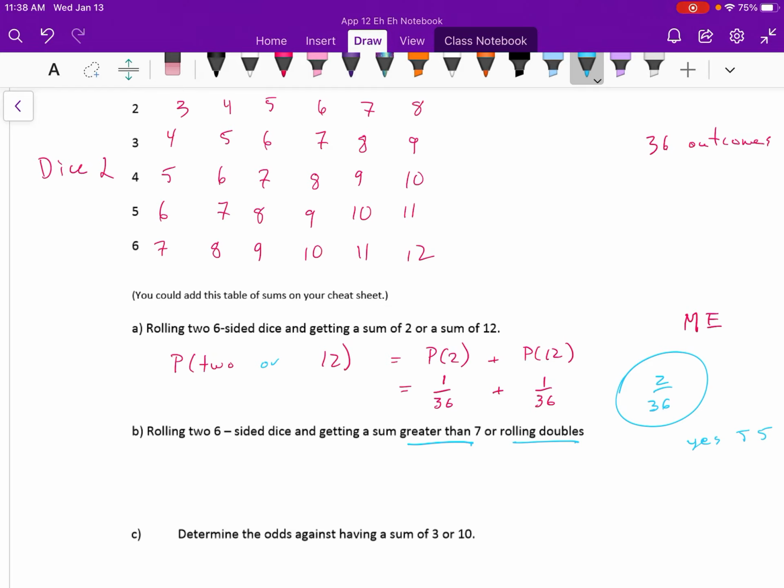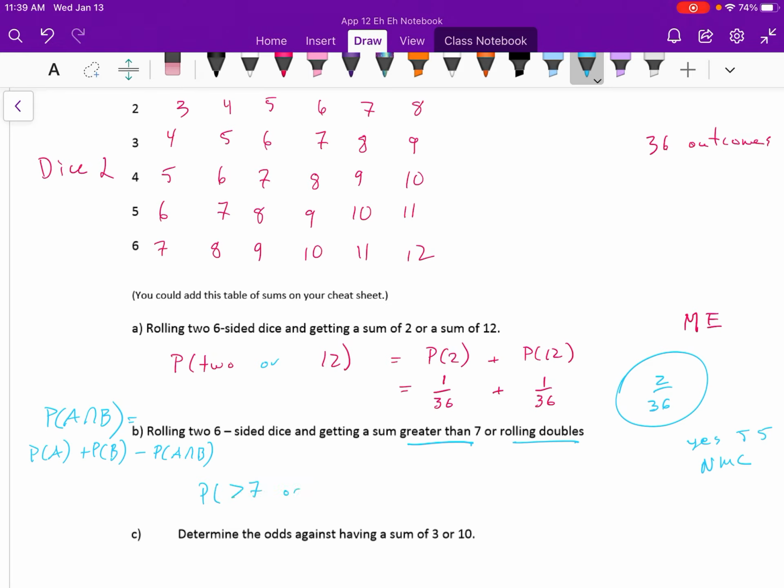Well, yes, I would say. Like if you roll a 5 and 5, that sum is 10, but you also roll doubles. So this is not mutually exclusive. So I'm going to have to use that formula, the probability of A plus the probability of B minus the probability of A and B, right? That's the formula that we would have to use to get the probability of A or B occurring in non-mutually exclusive events.